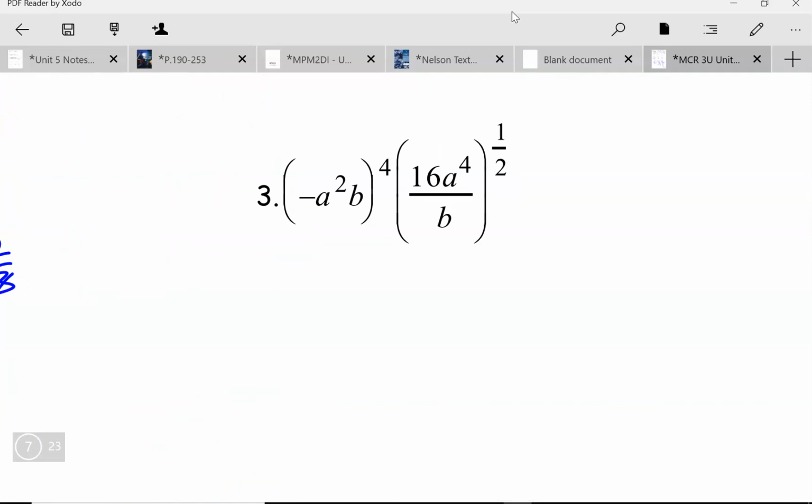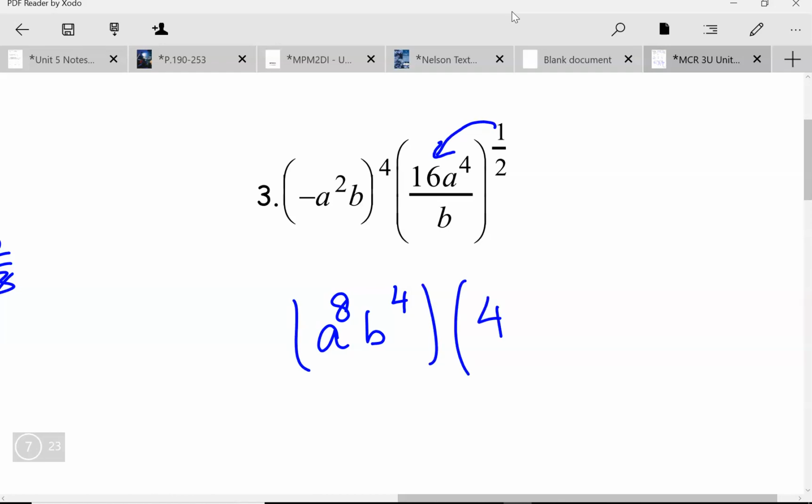Okay, let's take a look at some of these questions. The idea here is you're taking negative a squared to the power of 4, which is a to the power of 8, b to the power of 4, and 16 to the power of half. That's the square root of 16, so that's 4.